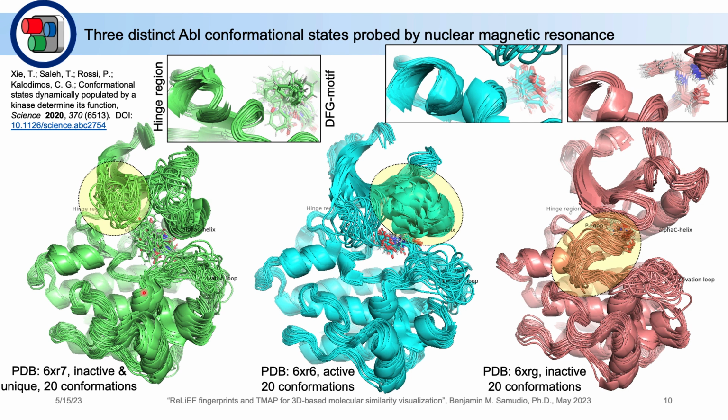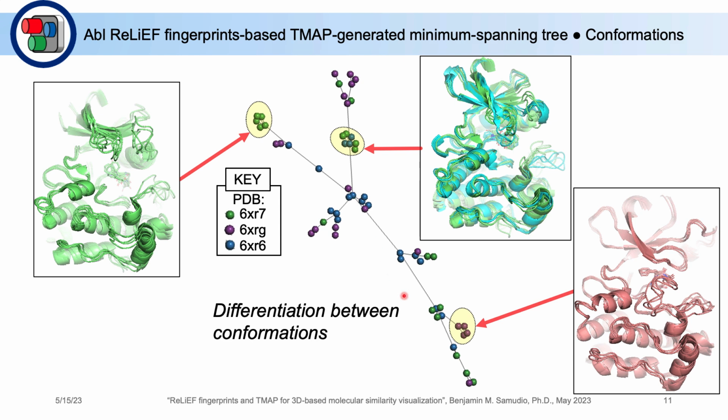So now, having encoded these structures in fingerprints, I show the TMAP here in the center. So notice that they're colored by the corresponding PDB structure. Again, 6XR6 is going to be active, and 6XR7 and 6XRG are both inactive, green being that unique inactive structure.